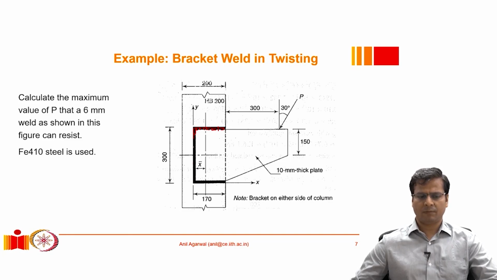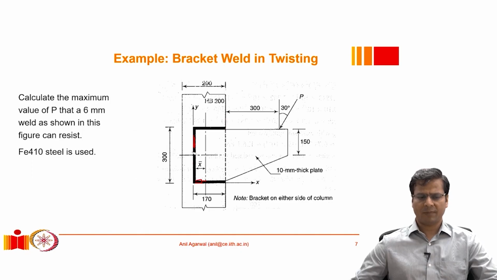So if every weld portion has equal stiffness, irrespective of its orientation, so this weld is in this orientation, this weld is in this orientation, but when subjected to this load, we are making an assumption that they all have the same stiffness. We will get into that point where this assumption is not really true. But for the time being, we are making that assumption, and with that assumption, we can calculate the direct effect of this force.